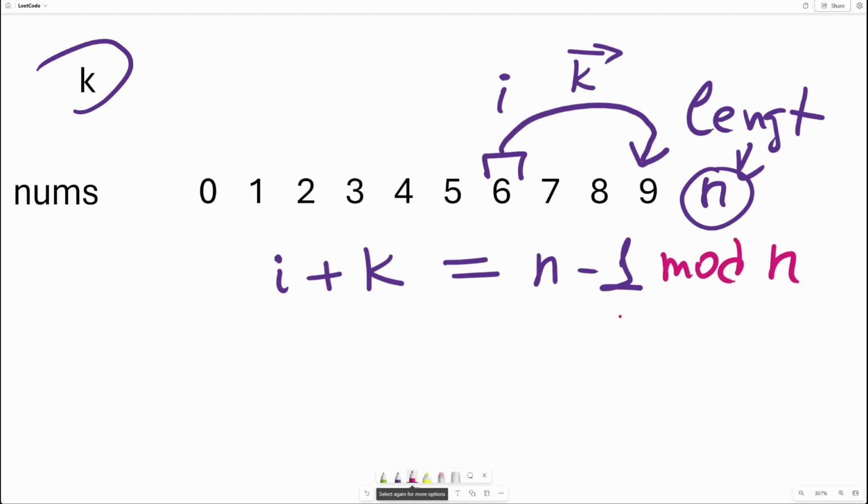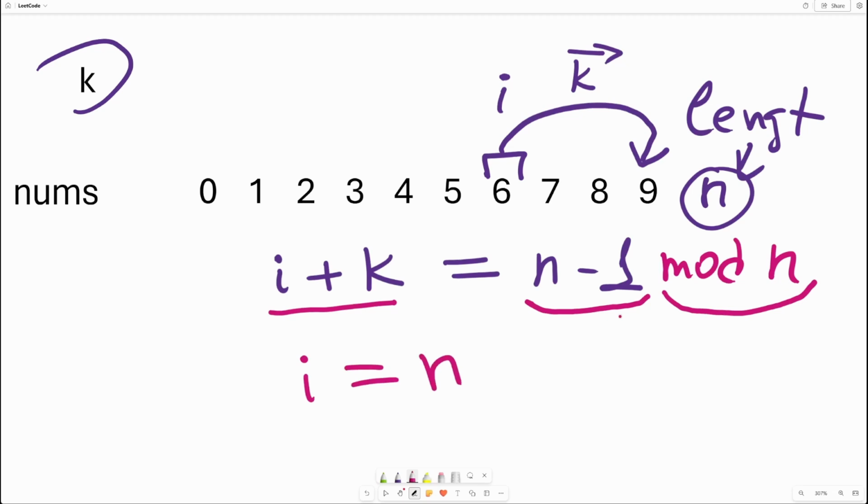So if you wrap around any number of times around this array, that would mean that after you add k to i, you should get some number that is n minus 1 modulo n. Now, we can easily guess what i should be from here. i would be n minus 1 minus k modulo n. So this is k.